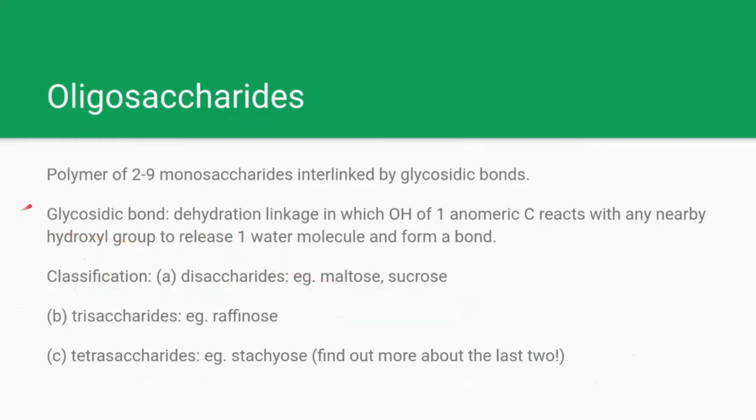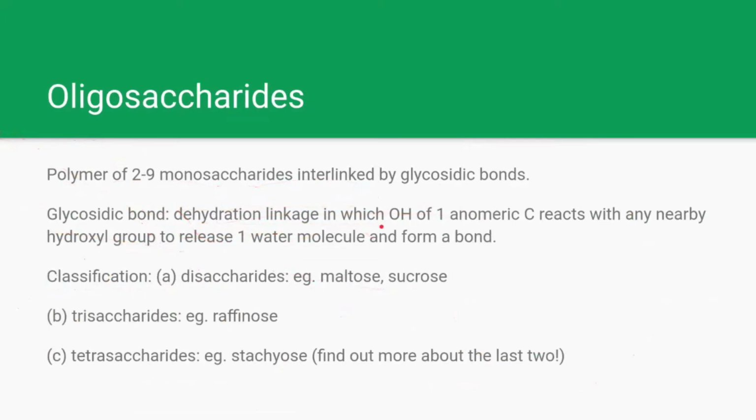So next, proceeding, we come to the next section, oligosaccharides, which by definition is a polymer of 2 to 9 monosaccharides linked by glycosidic bonds. So a glycosidic bond is a dehydration linkage. Basically, if you do know organic chemistry a bit, it's a dehydration linkage. That's what you call it.